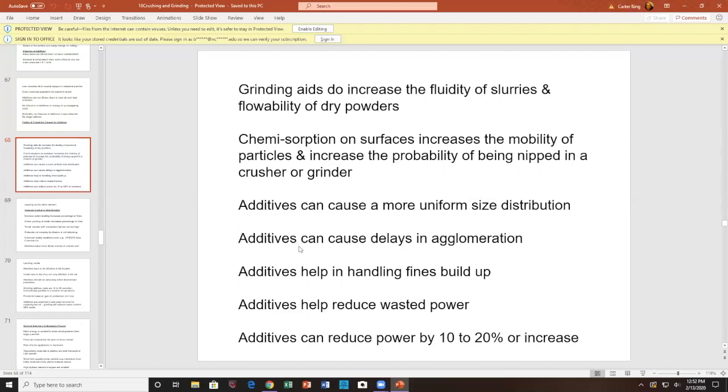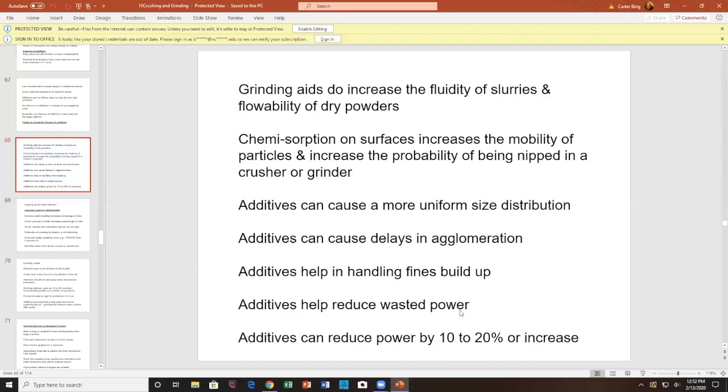However, with powdered sugar on donuts, you prevent agglomeration. Then you can eat the donut in celebration. Additives help in handling fines and fines buildup. Again, fines buildup is a form of agglomeration. To prevent that, you affect the surface of the fines.